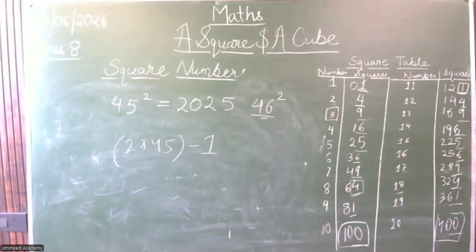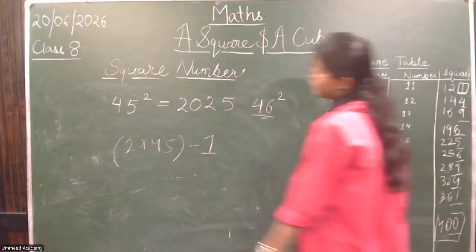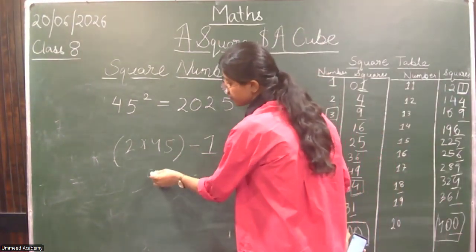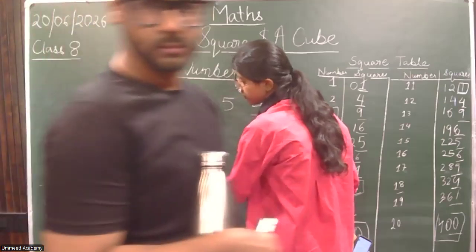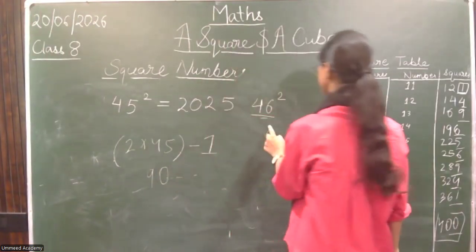What are we getting? 2 into 45 is 90, right?